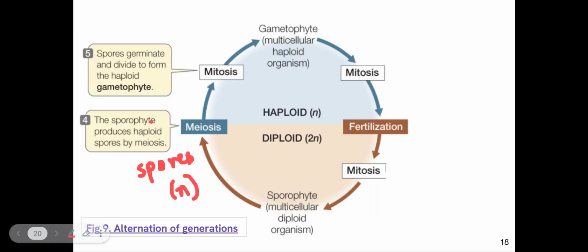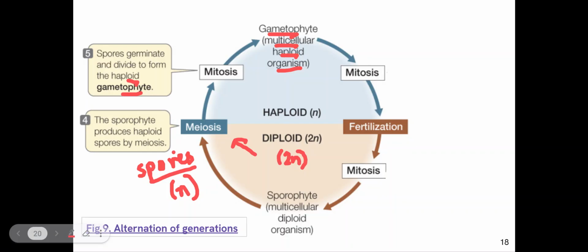Now these spores, produced by meiosis, fall on a suitable substratum and germinate to form the haploid gametophyte. They form the gametophytic haploid organism when they fall on suitable ground. So the diploid body undergoes meiosis to give rise to spores.